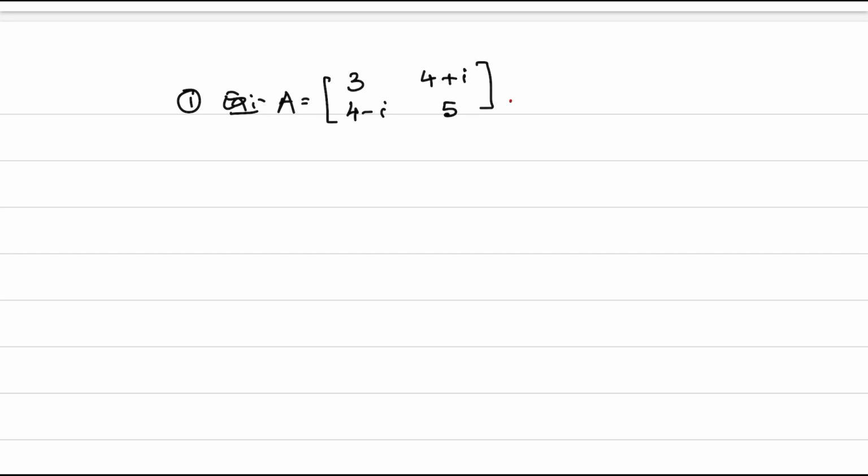The question is, find whether this matrix is Hermitian. When you know the definition of Hermitian, then only you will be able to find out whether it is a Hermitian matrix or not. Solution.